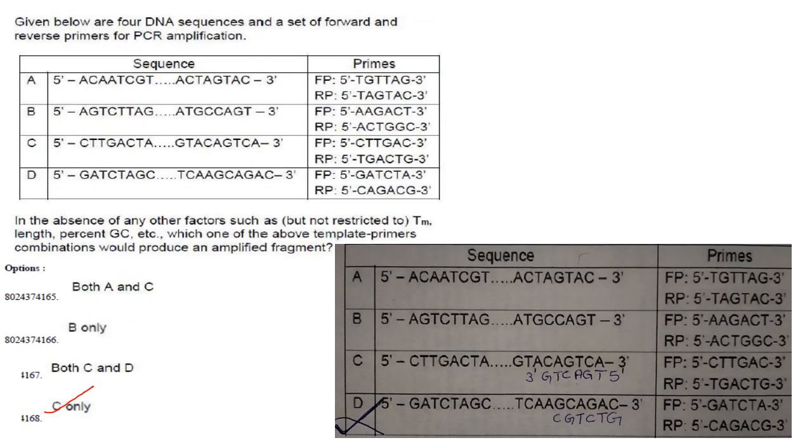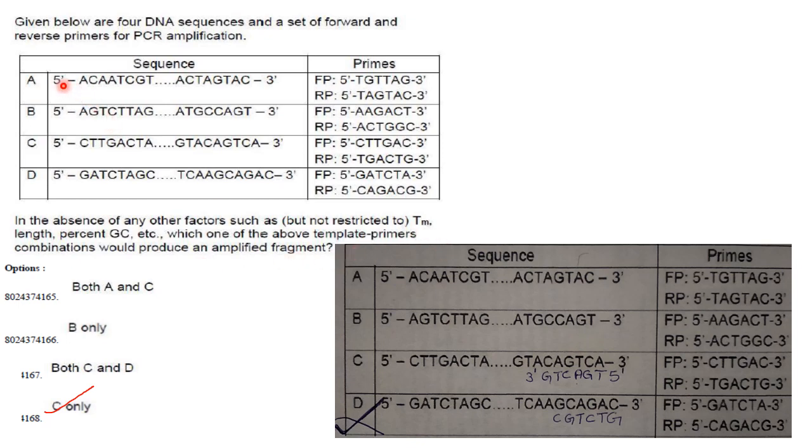Then next one. Given below are 4 DNA sequences and set of forward and reverse primers for PCR amplification. In the absence of any other factors, but not restricted to Tm length and percent GC etc., which one of the above template primer combinations would produce an amplified fragment?